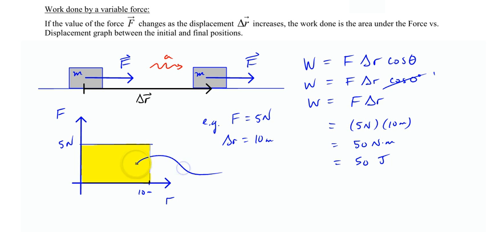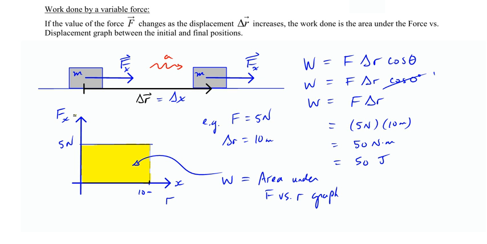So your big idea here is that your work, in general, is equal to the area under a force versus displacement graph. If the force is acting along the x-axis, we could call that force sub x, and the displacement along the x-axis, we could call delta x.